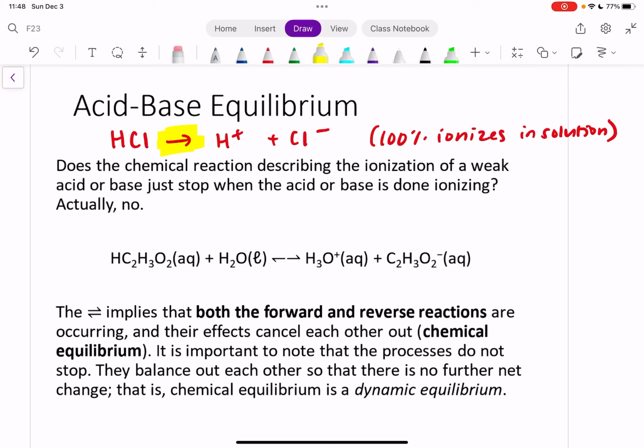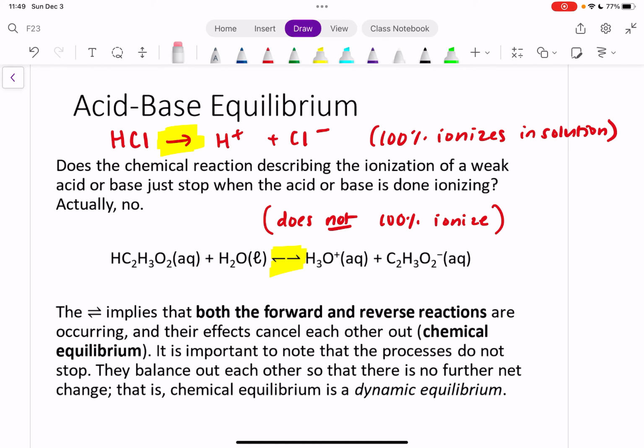Whereas for weak acids or weak bases, you'll actually see that equilibrium arrow. If you see that equilibrium arrow, it means that it does not 100% ionize. In other words, these can back react and you can get back your reactants again.